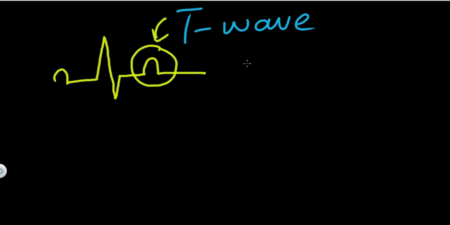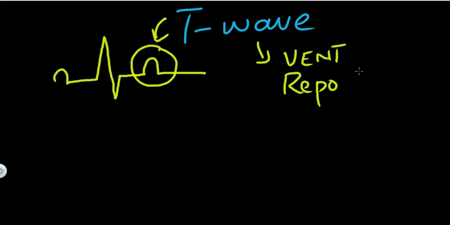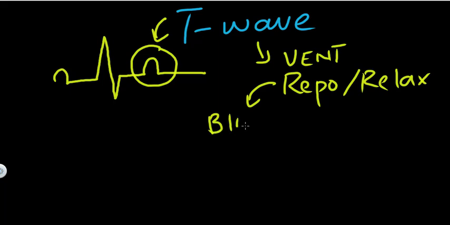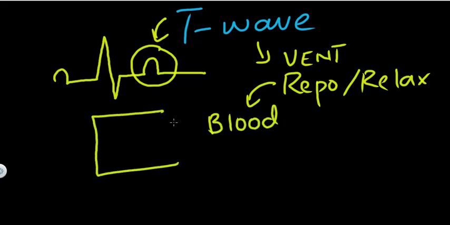This one is your T wave, and it shows your ventricular repolarization or relaxation, where the ventricles are ready for the blood coming from your atria.